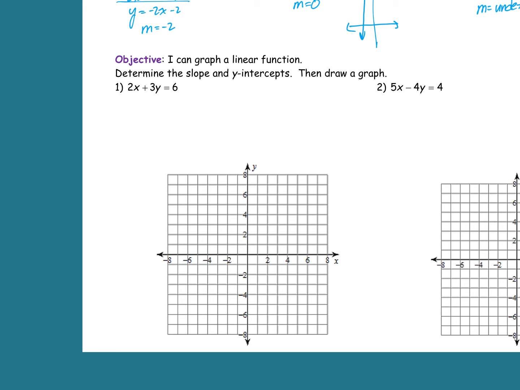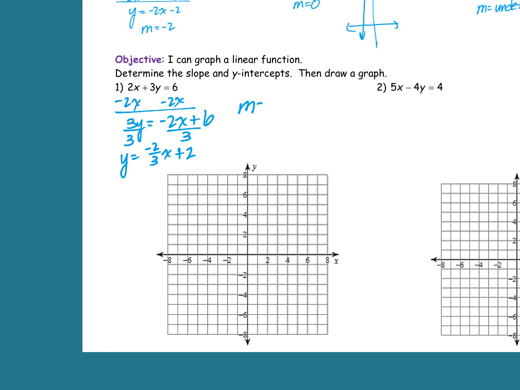So I'm going to subtract 2x, and I get 3y equals negative 2x plus 6. Then I'm going to divide by 3, and y is going to be equal to negative 2/3 x plus 2.